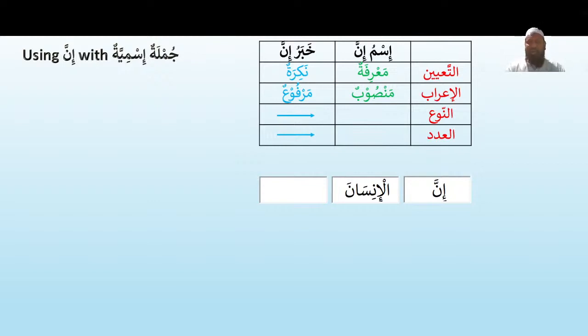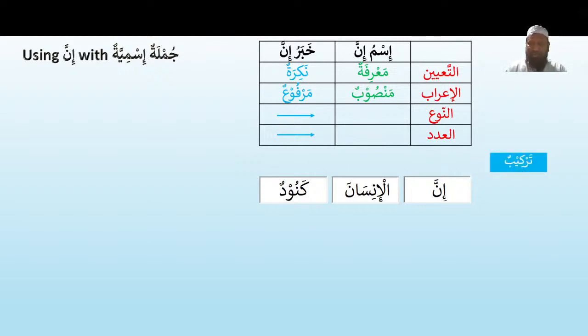So innal insana. We need a khabar. Khabar is nakira marfu'. Khabaru inna. Innal insana kanudun. So our jumla is ready.